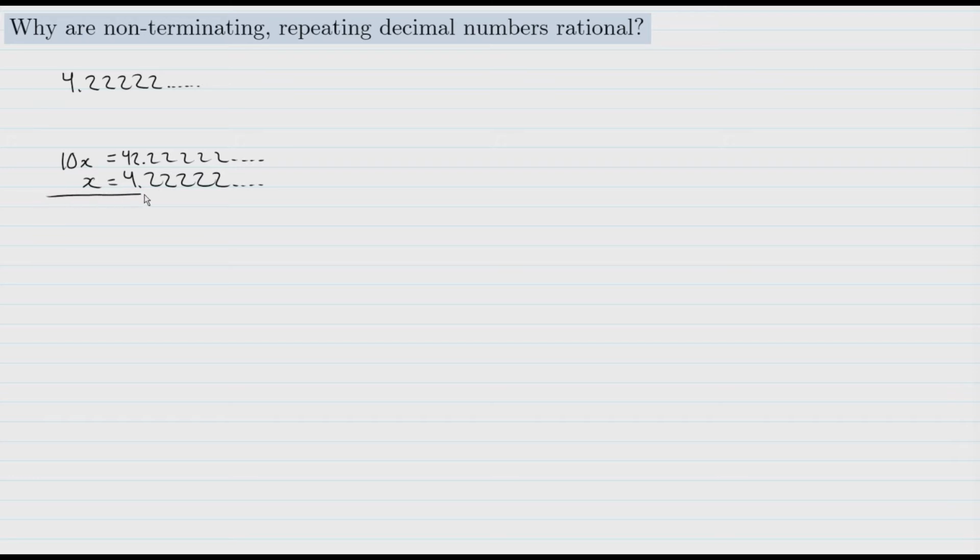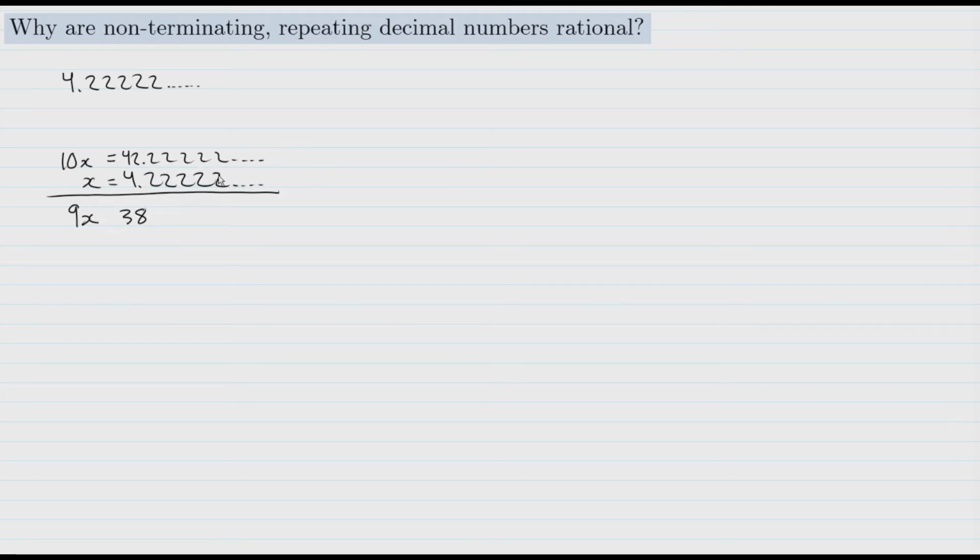For the next step, I'm going to do some subtractions. I'll start with what's on the left side here. 10x minus x. Well, if I have 10 x's and I take away 1x, I have 9 x's. So I'll write 9x. On the right side, I have 42.2222 repeated minus 4.22222 and so on. Well, 42 minus 4 is 38. And because we have a string of repeated 2's here minus a string of repeated 2's here, we'll get 0 when we subtract those decimals.